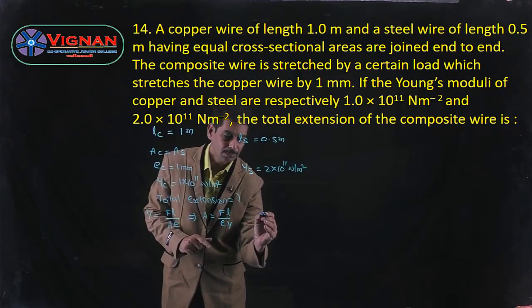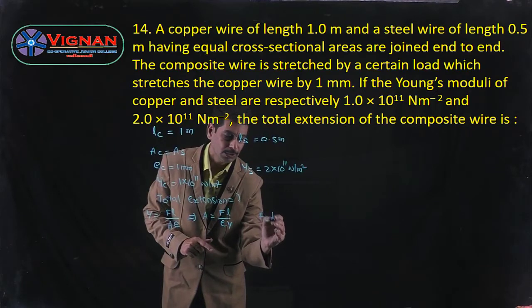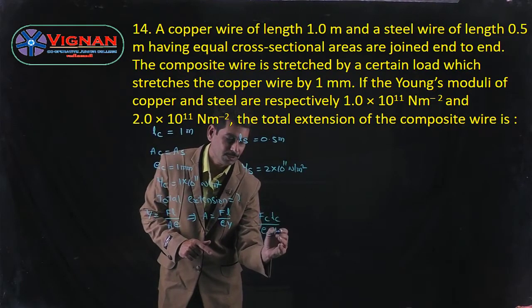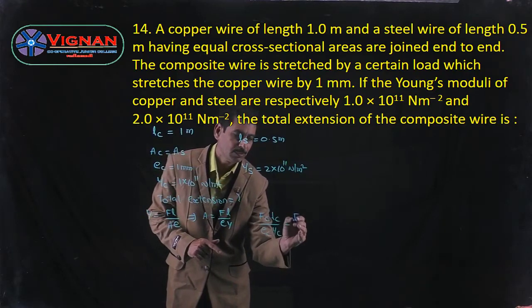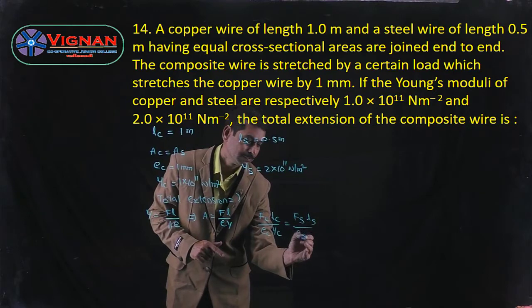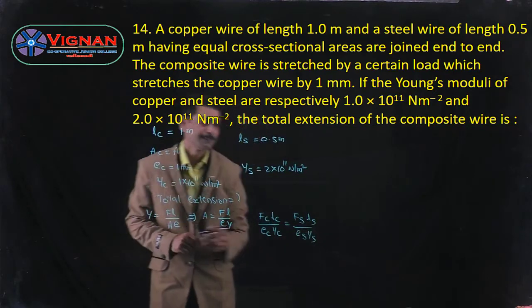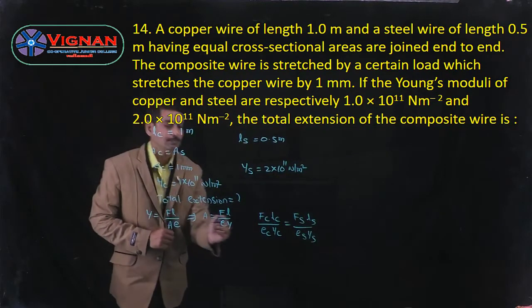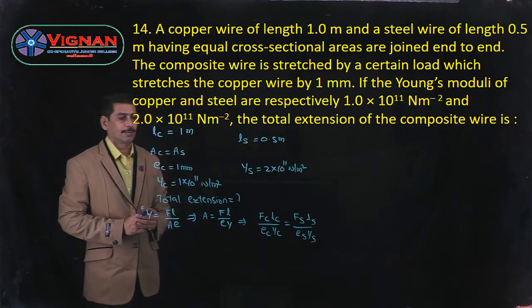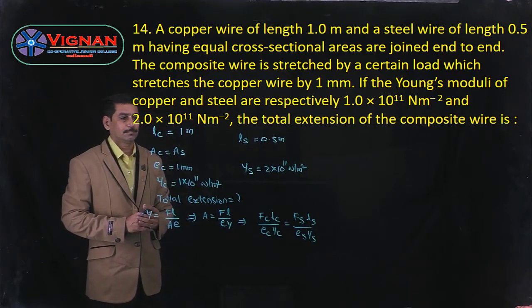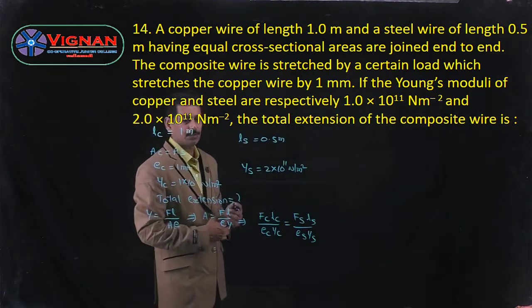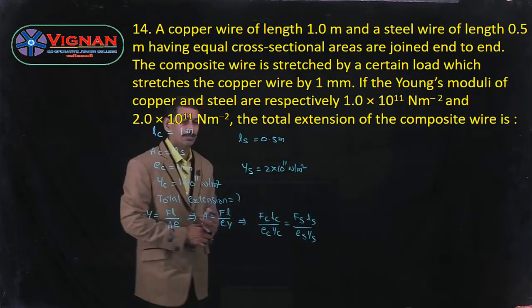So you get force of copper into length of copper divided by elongation of copper into Young's modulus of copper, which must be equal to that for the steel wire. Here they are stretched by the same load, so that means the force is equal in both cases.